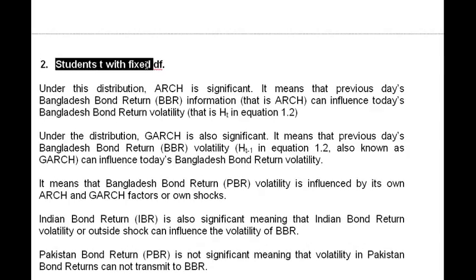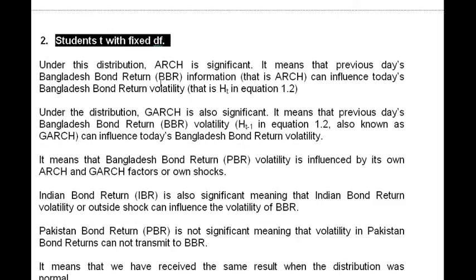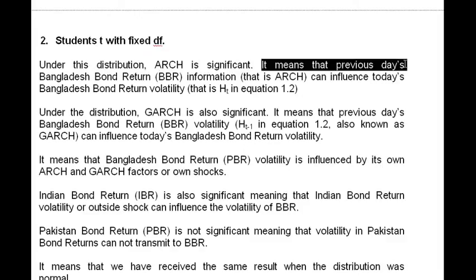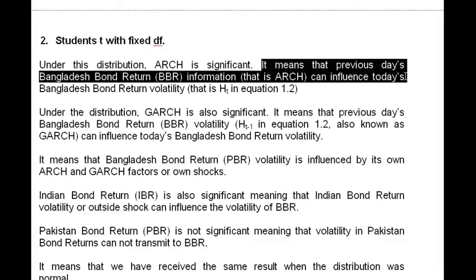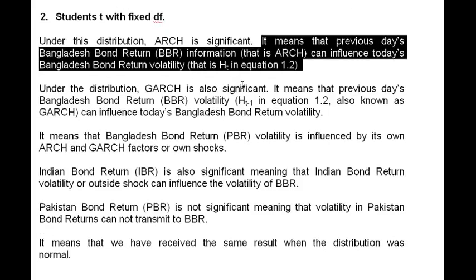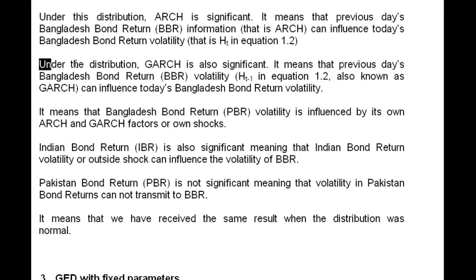Then we go to the next distribution, that is Student's t with fixed DF, and we have also estimated it. And what is the outcome? Under this distribution, ARCH is also found significant. It means that the previous day's Bangladesh bond return information, that is ARCH, can influence today's Bangladesh bond return volatility. So the result is as before.